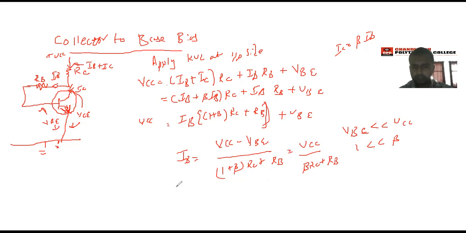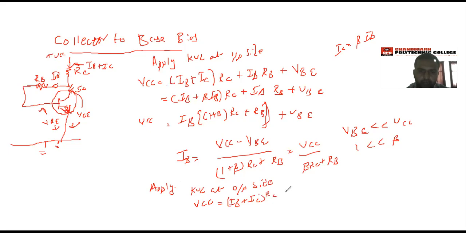Next, we apply the KVL at output side. Now, VCC is equal to your IB plus IC multiplied by your RC plus your voltage drop between your collector and emitter. We have to find the value of VCE.